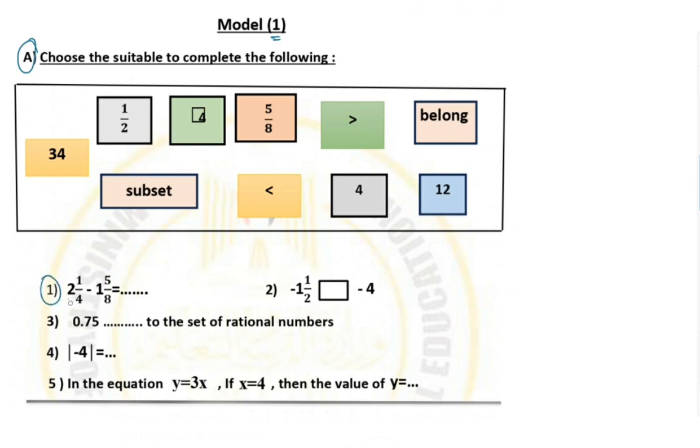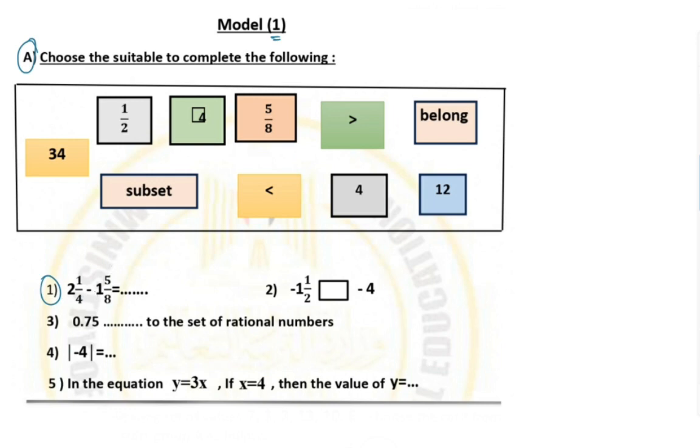We have here 2 and a quarter minus 1 and 5/8. I need to subtract. We have a mixed number minus another mixed number. I will subtract the fractions first, then the whole numbers.